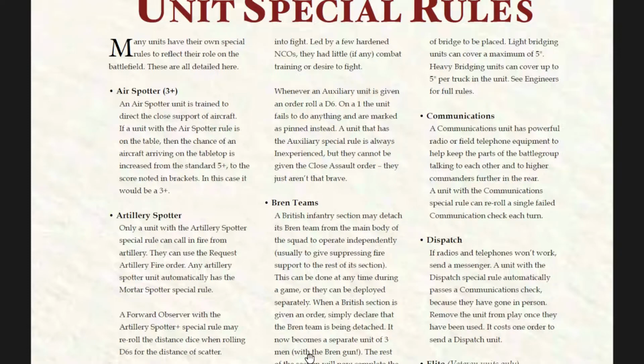Units with the behind enemy lines special rules can always be deployed after all other scout units are on the table and be placed anywhere on the tabletop, but not within 10 inches of an enemy unit. So you could put them behind them just as long as you're not within 10 inches of an enemy unit.